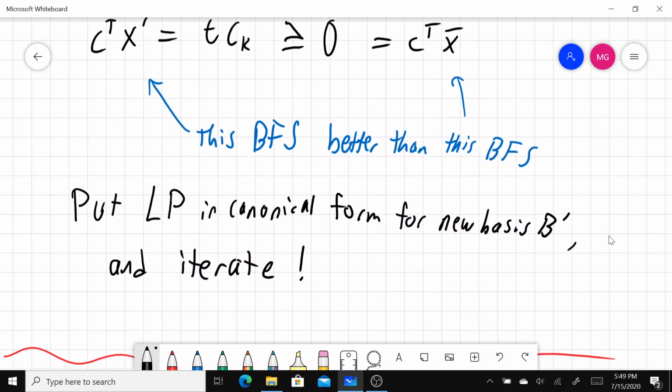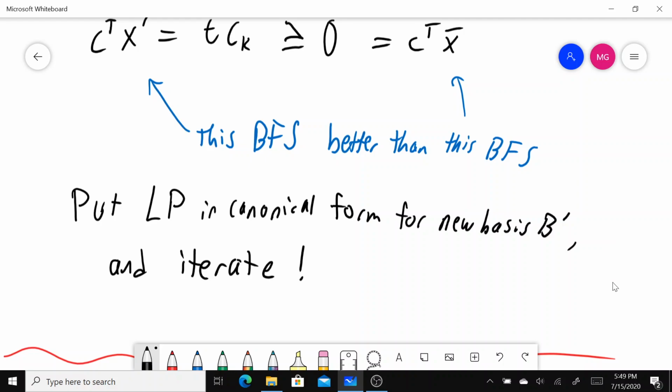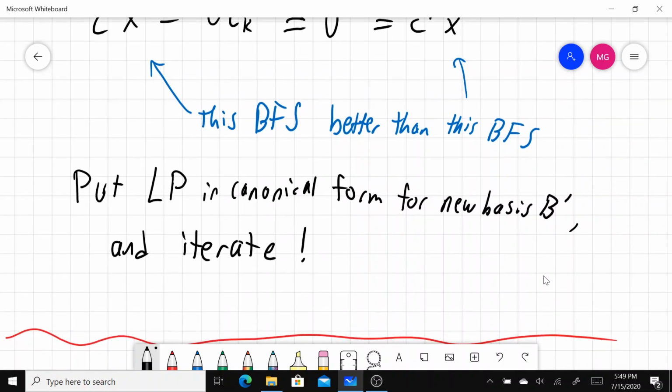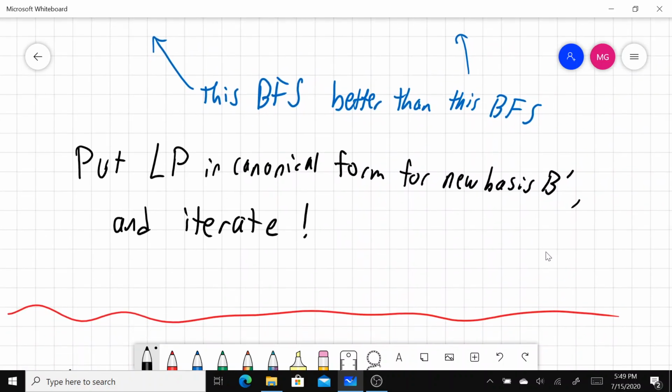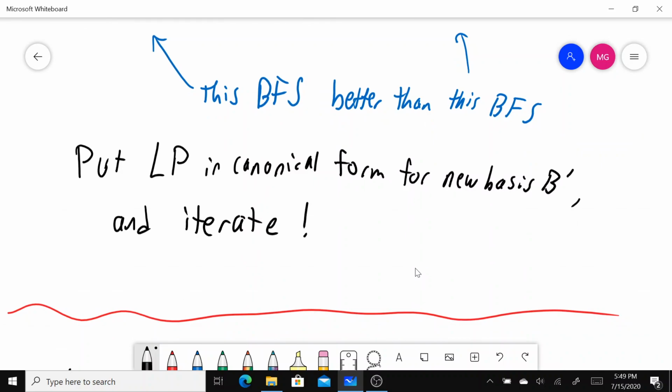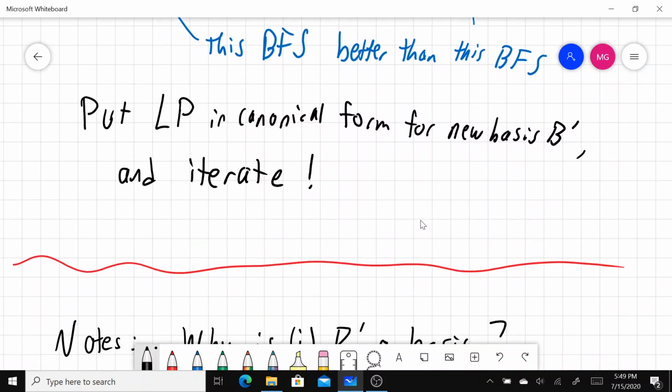So yeah, simplex algorithm. It starts with a basic feasible solution, and then it goes to better and better basic feasible solutions until there are no more better ones, or there are infinitely many. They could be arbitrarily good. So that's it.